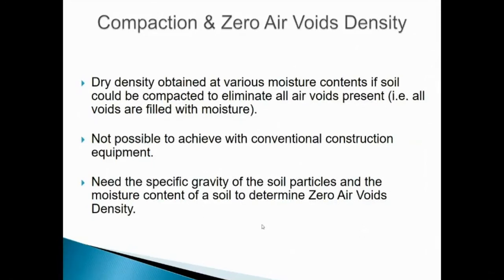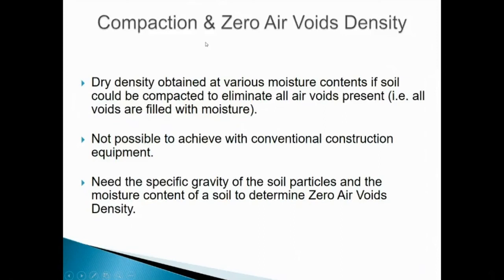If we were to compact that unsaturated soil specimen to a point where all of the air is gone and we are only left with moisture completely filling the void spaces, that is what we refer to as the zero air voids density.